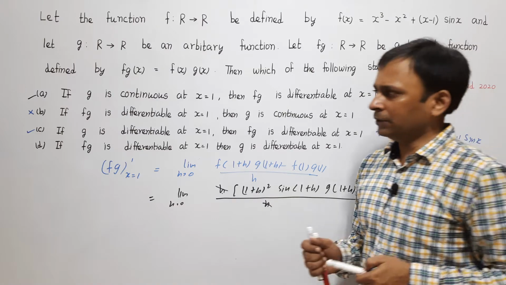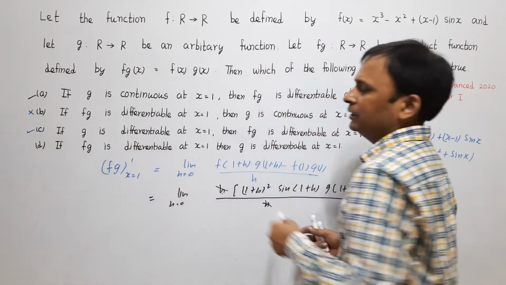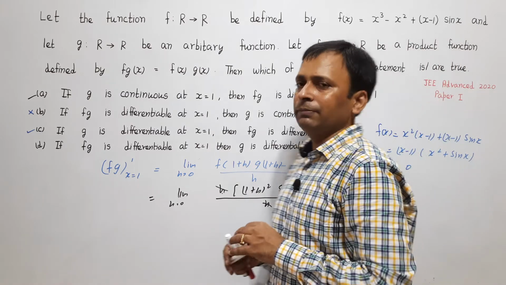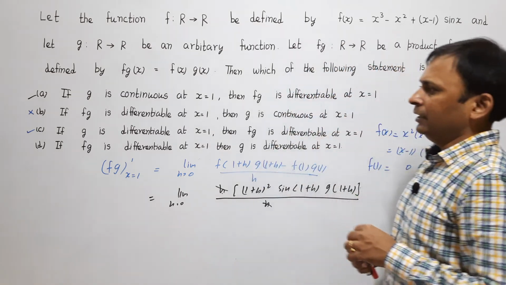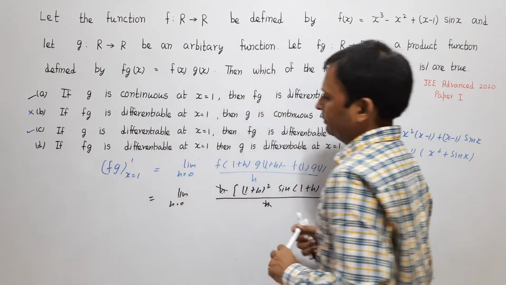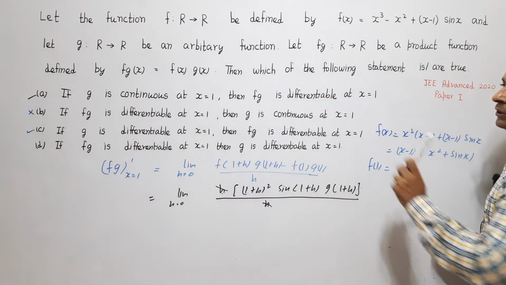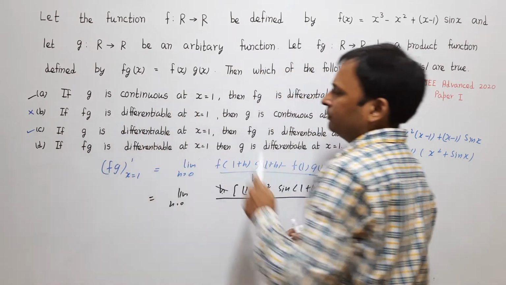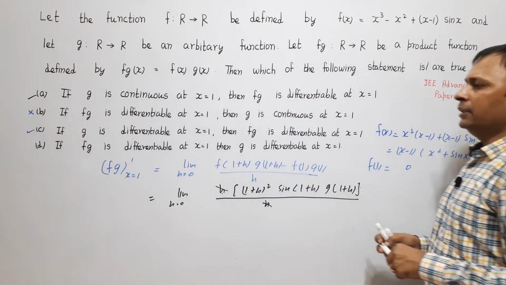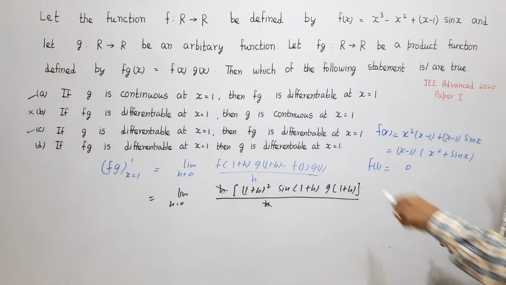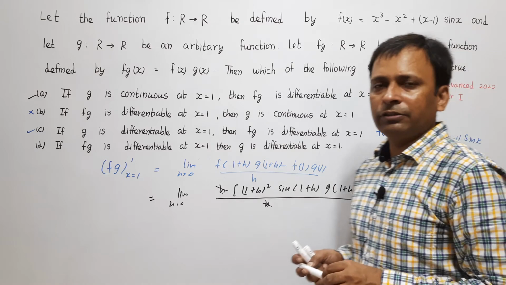Coming on to the last option, which says that if f into g is differentiable at x equal to 1, then g is differentiable at x equal to 1. That means the product of the two functions f into g is differentiable, and we need to ascertain whether g is differentiable or not. From option B, we have already said that even if f into g is differentiable, it is not necessary that g is continuous at x equal to 1.